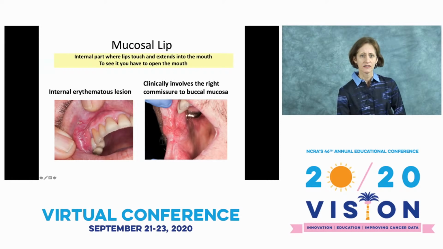And here on the left, this is the angle, or right here at the commissure, that corner, and it extends then into the mouth, and this would be the inside of what would be buccal mucosa, or sometimes we call it, of course, the inside of the cheek would be the generic name. And so this is our tumor and the location. So in fact, what we're dealing with is mucosal lip, which then would use the oral cavity chapter.